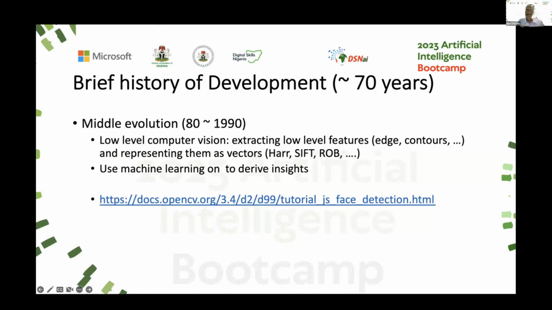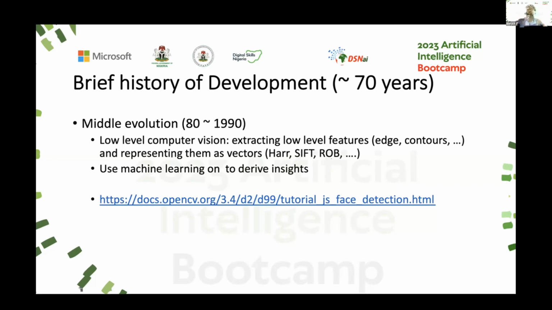For example, there is what they call SIFT and SURF. All these are kind of vectors that represent some information about an object in an image. And then given this vector, they use machine learning to solve the problem.